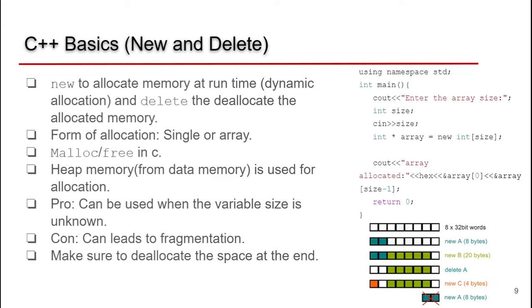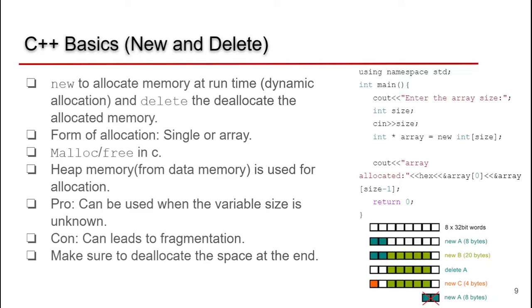So this is new and this is delete in C++. Now in C, instead of new, you say calloc or malloc, depending on the case. And instead of delete, you use free.